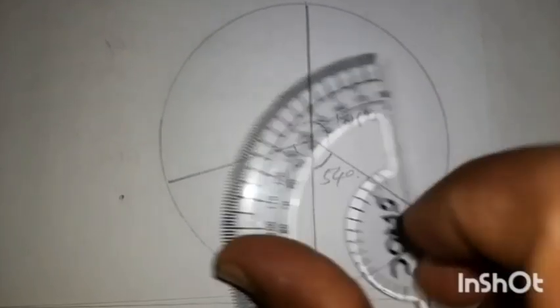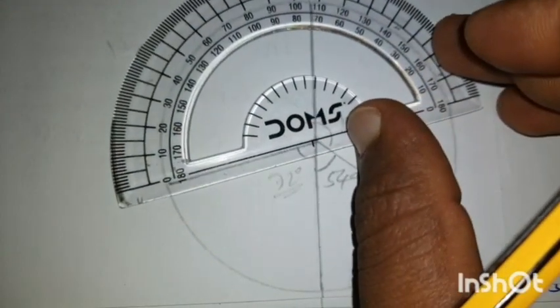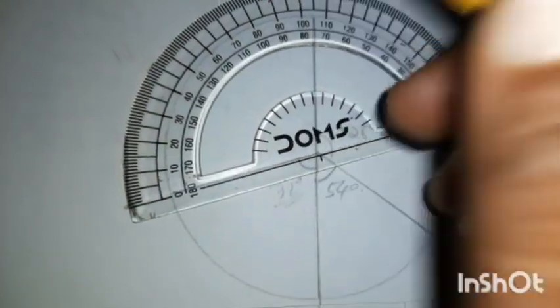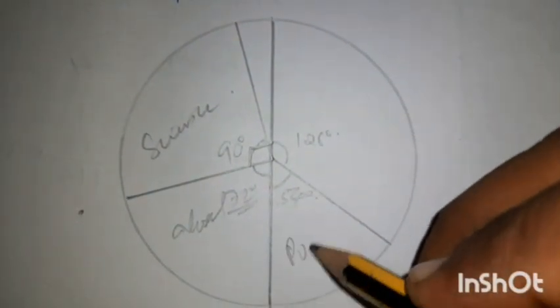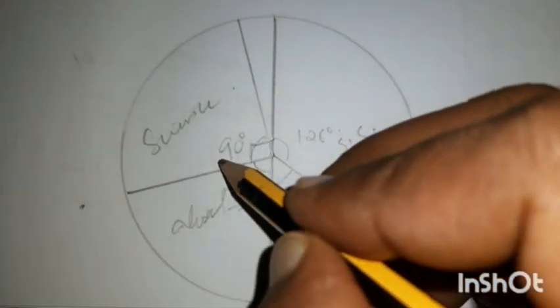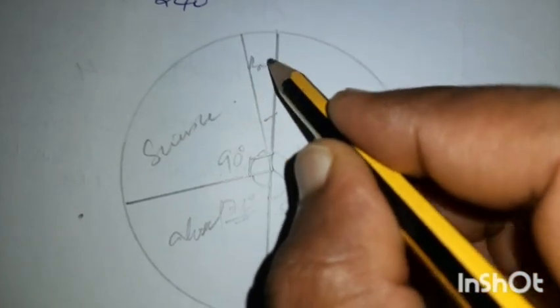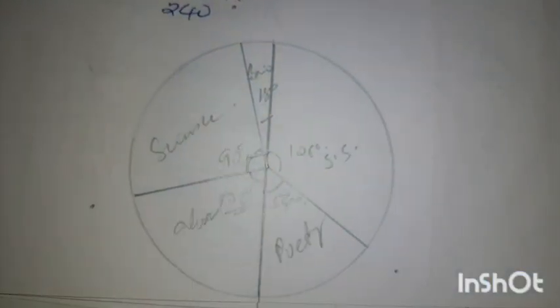Next one is 90. Mark 90, that is science books. This is novel and this is poetry and this one is short story. So the balance remaining is given to which one? Biography, with 18 degrees. So you have to mark like this.